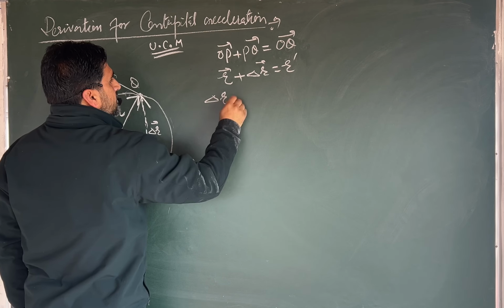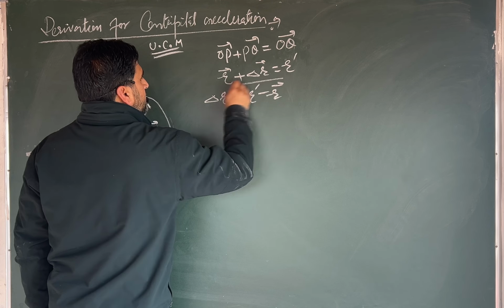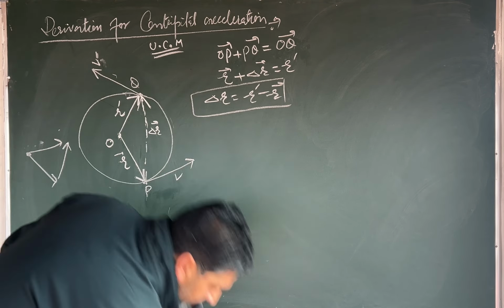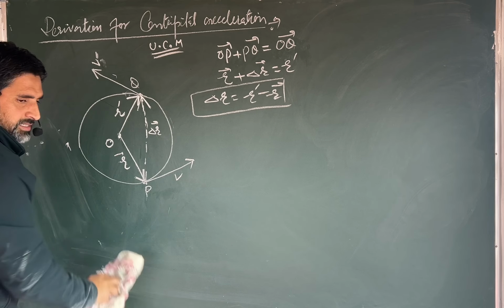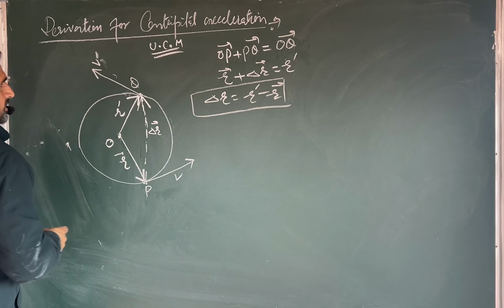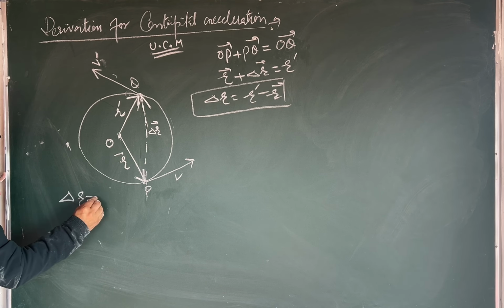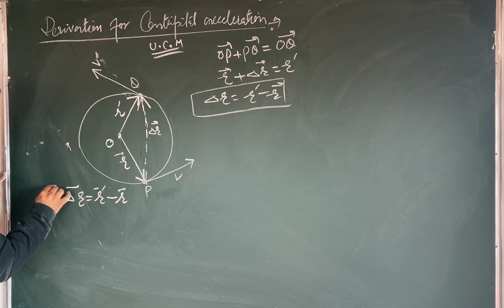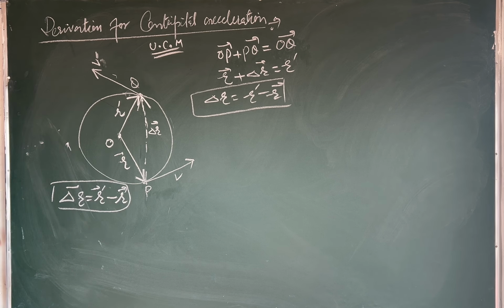So your change in displacement is equal to R dash minus R. Delta R will be equal to R dash minus R vector. This is the change in displacement.